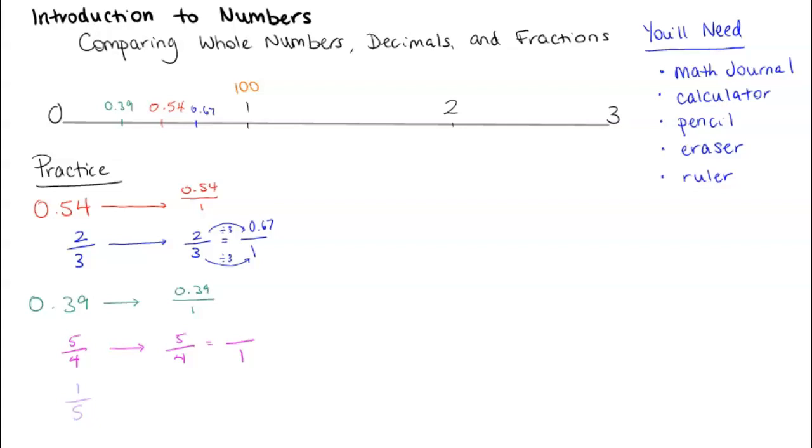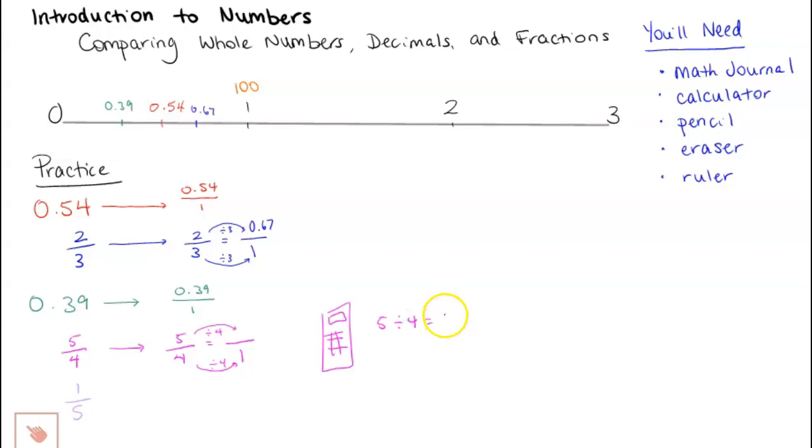So right away I see that my numerator is bigger than my denominator, so I'm going to make a prediction that it's going to be bigger than 1. Let's see what that is. So to get 4 to 1, we're dividing by 4. And up here, we're going to do the same, divide by 4. So in my calculator, I'm going to say 5 divided by 4.